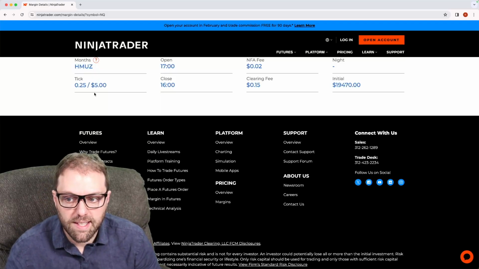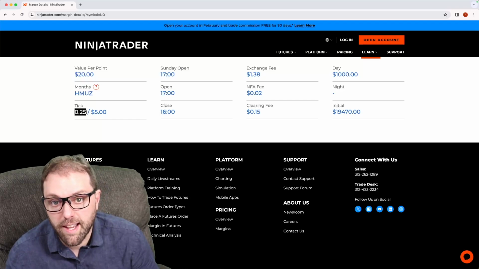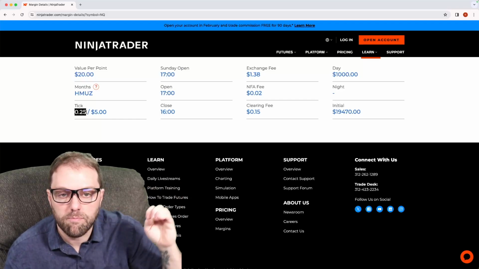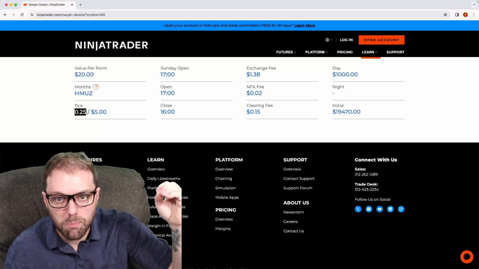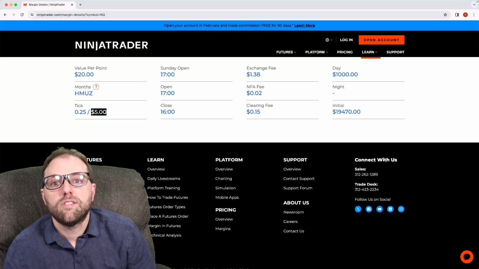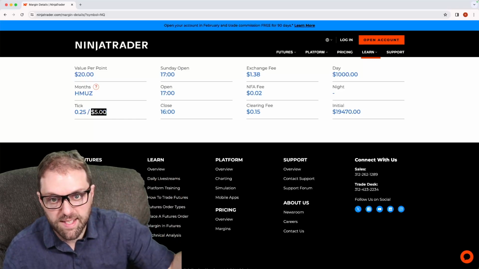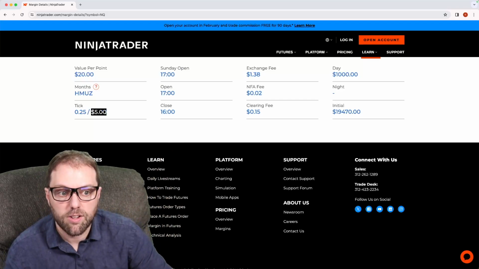After that, we can see the valuation, the increments. So a tick is going to be 25 cents of movements on the chart. Every 25 cents it moves is going to equal $5. So if it moves 25 cents positive, that would mean $5 positive on that trade.